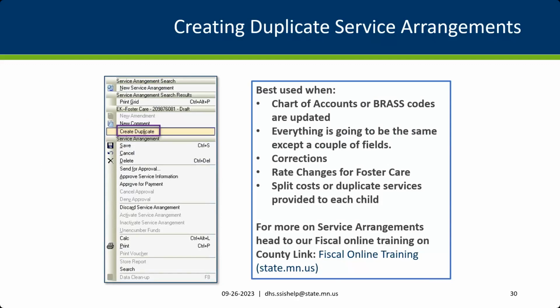The new service arrangement will be in draft status. Comments and payments are not copied, but if there were amendments, the most current number of units and amounts are copied to the new service arrangement. You may wish to use the duplicate service arrangement feature when your chart of accounts or BRASS service codes are updated.